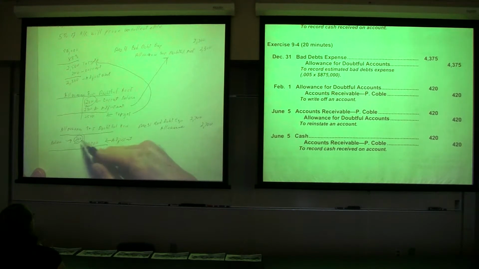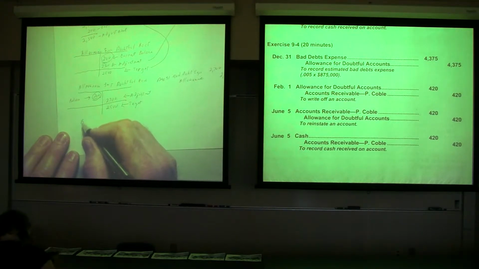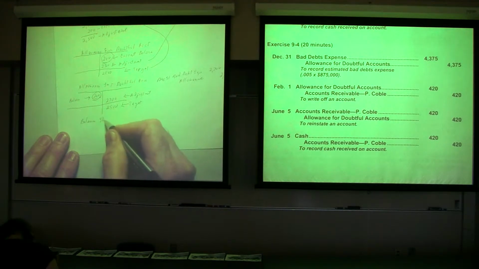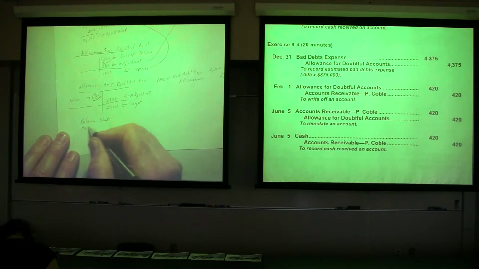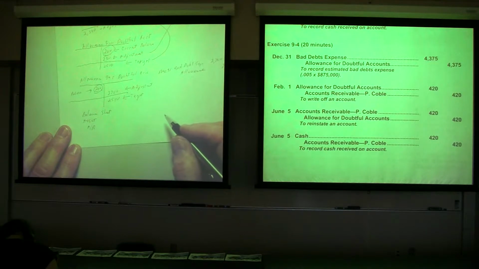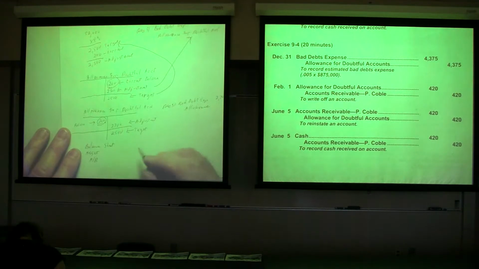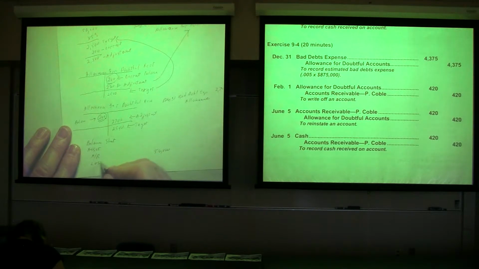So you make an adjustment that will change it to this, because then when it was on the balance sheet, so this is the balance sheet, under the asset section, you will have accounts receivable of $50,000 less the allowance of $2,500.